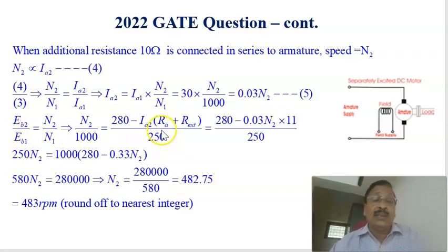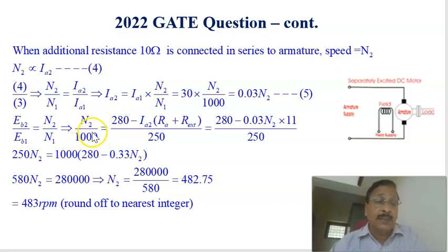EB1 we already calculated as 250 corresponding to 1000 RPM, so we substitute 250 directly here. Then, writing Ia2 as 0.03 N2 into Ra plus R external, which is equal to 11, divided by 250, that is equal to N2 by 1000.